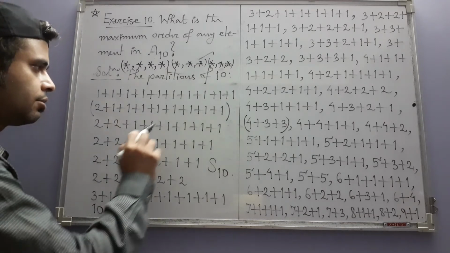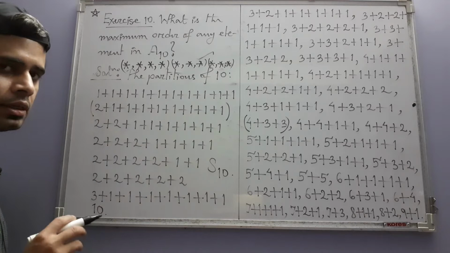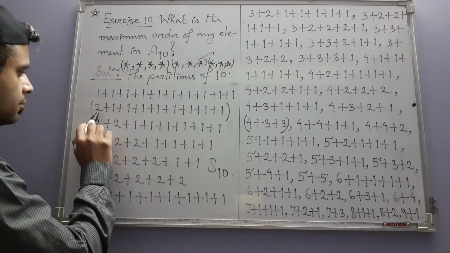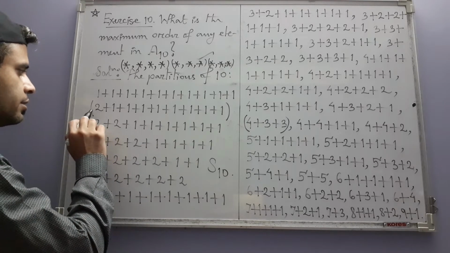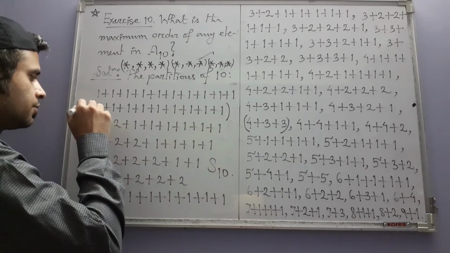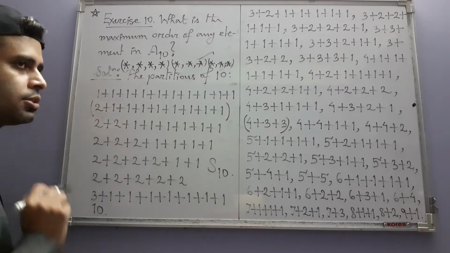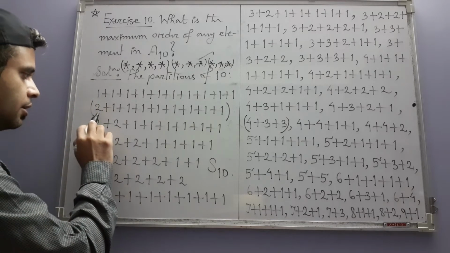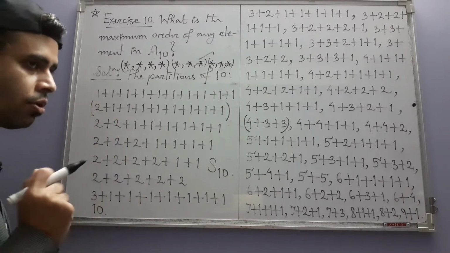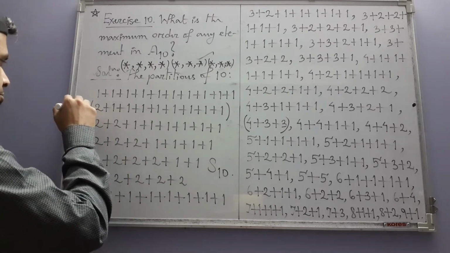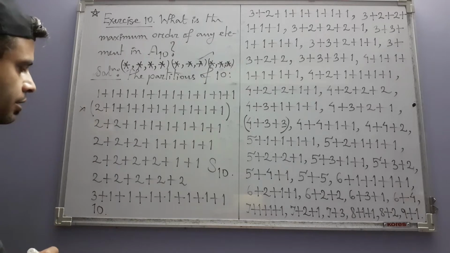Whether you consider 1 or you don't consider 1, it's immaterial. So essentially this is corresponding to a single 2 cycle, which by definition is an odd permutation. So this type of elements also don't belong to A10.